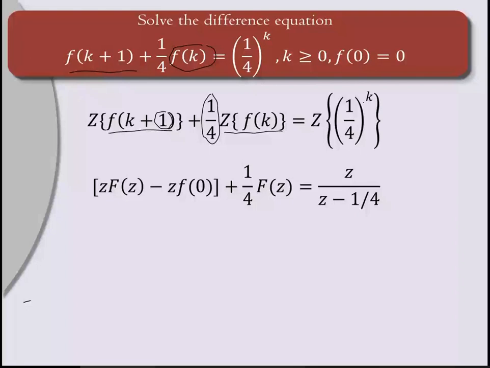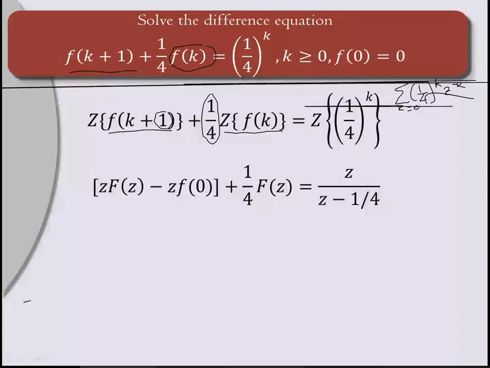Or otherwise you can use the definition. Here k is greater than or equal to 0, so you can use the definition of the z transform. That will be the summation of 1 by 4 raised to k into z raised to minus k, putting the values of k from 0 to infinity, and simplifying it gives us this term.